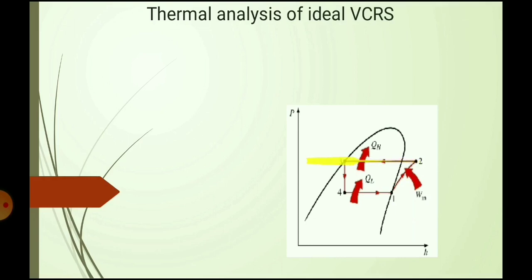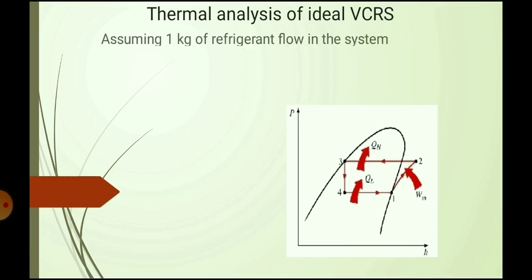That constant pressure is the condenser pressure, high pressure, and this is the low pressure, the evaporator pressure. Clear? Let us assume 1 kg of refrigerant flows in the system. That means in the system 1 kg of refrigerant is flowing.